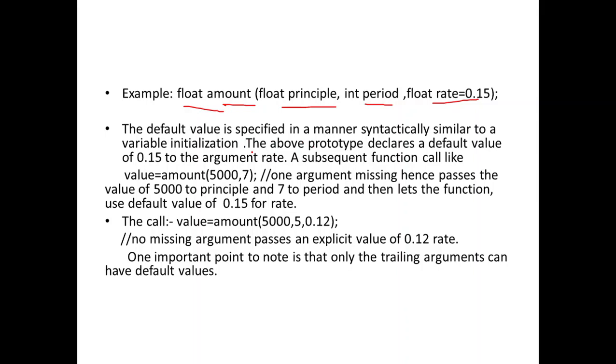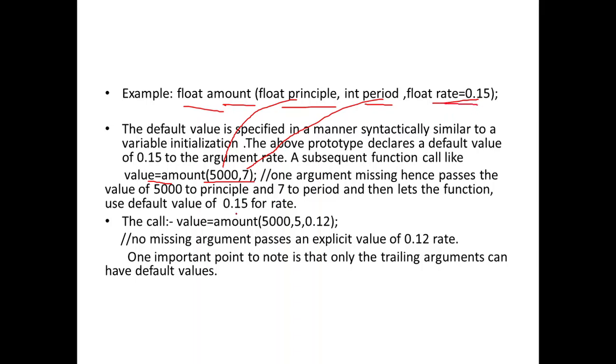If we call value equals amount(5000, 7), the principal gets the value 5000, the period gets the value 7, and since there is no value for the rate, by default 0.15 will be taken.